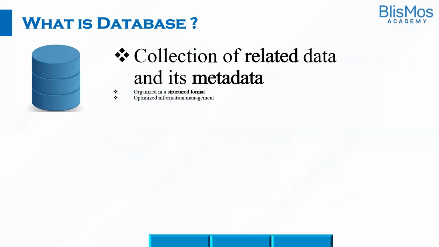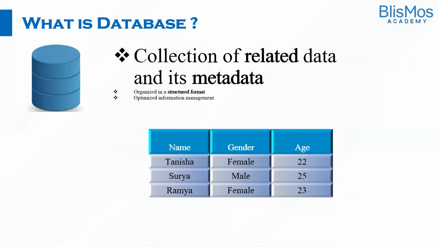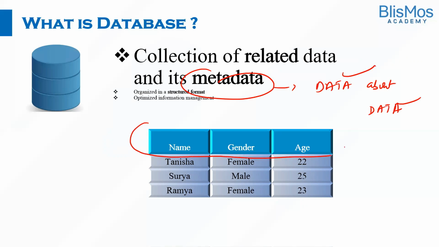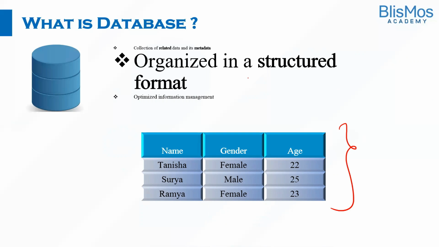Then what is metadata? Metadata is data about data. In this case, we are talking about name, gender, age. This is the metadata. When you say organized in a structured format, what are we talking about? If you write any email, is that in a structured format?